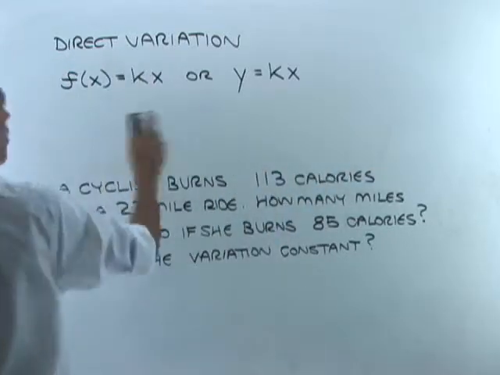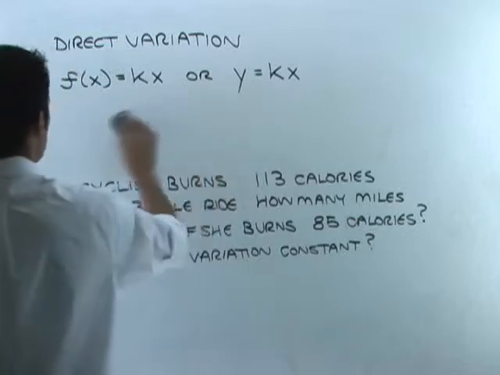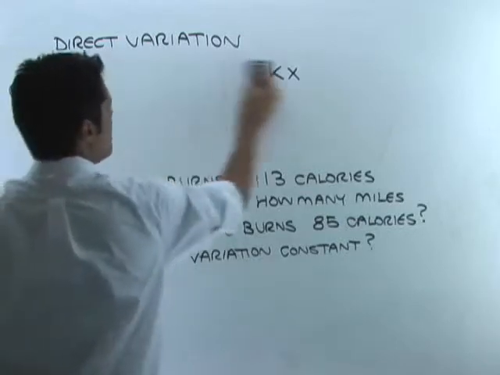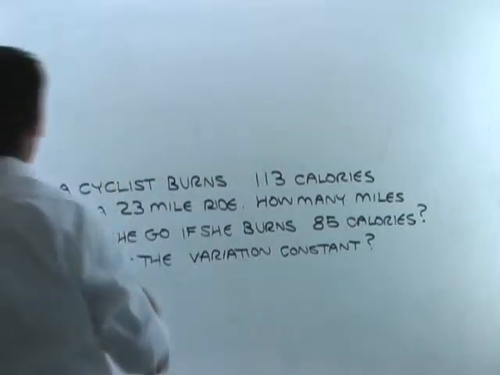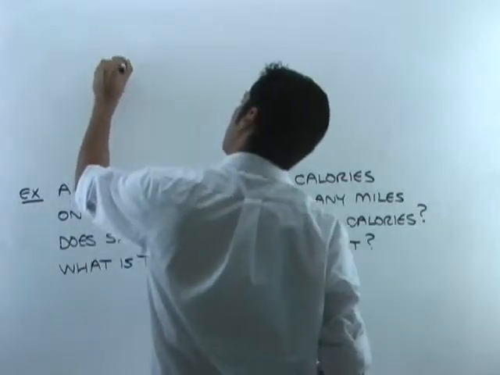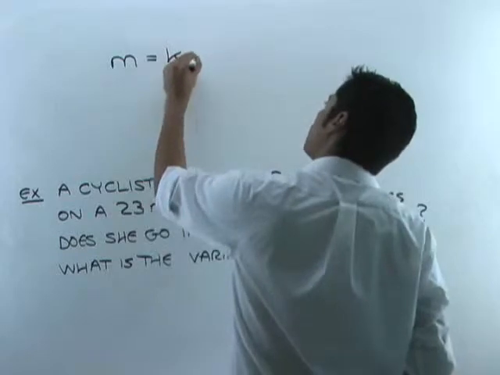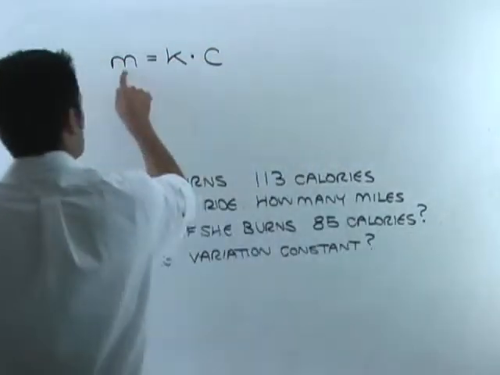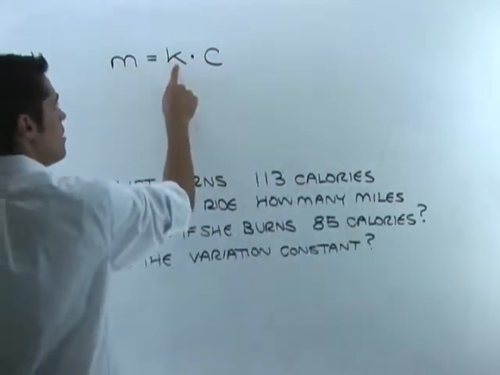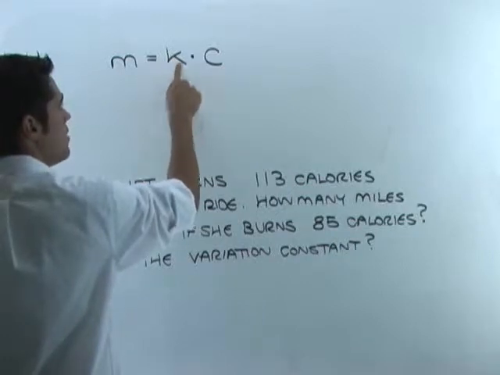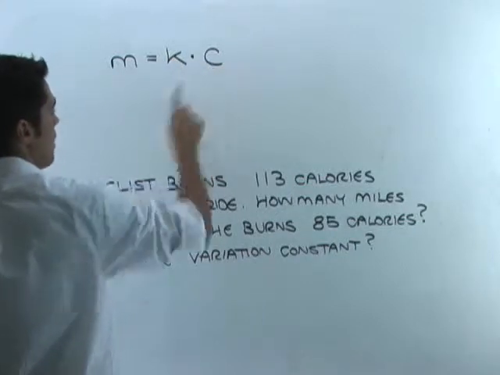First thing I'm going to do is write it down so it looks like one of these. So I'm going to write down that the miles she goes is directly proportional to the calories she burns. So the miles is directly proportional. That means there's some constant that relates it to the number of calories that she's burning.